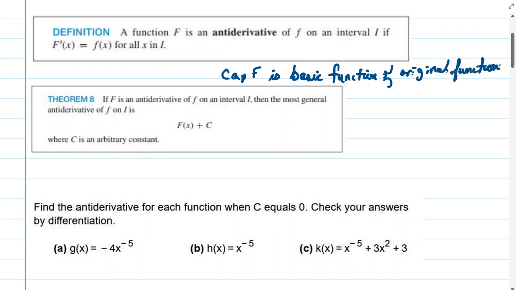This means it does not have the c, which means a movement up or down of the function along the xy axis, of f on an interval I if F prime of x is equal to f of x for all x in I. Pretty confusing to me. How about you?